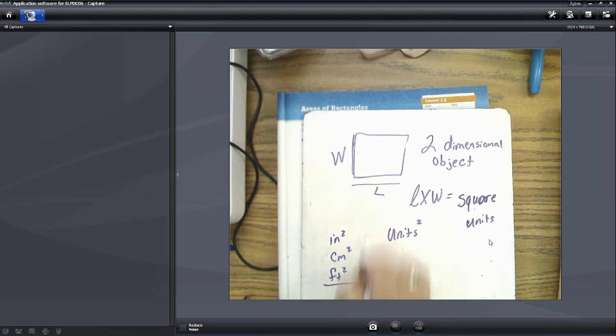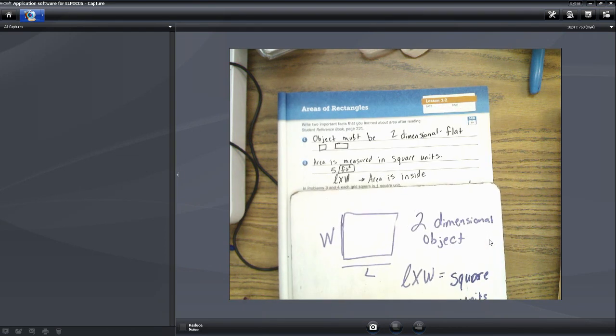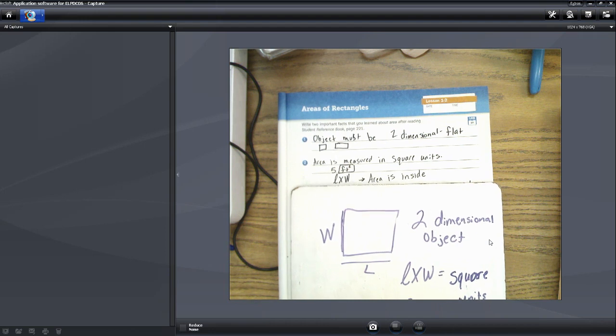So that's what we use when we're using measurement with area. So that is my second fact. Area is measured in square units. The area means it's the inside. I know you guys have done area and perimeter. Perimeter is the outside. Like if I'm building a fence, that would be perimeter. Area is like if I want to put carpet in my living room, I need to find the area of that carpet. How much do I need?